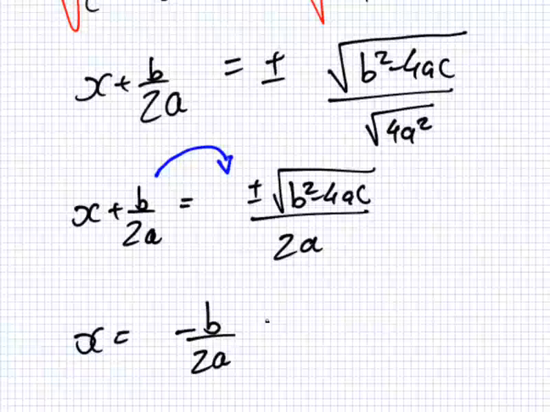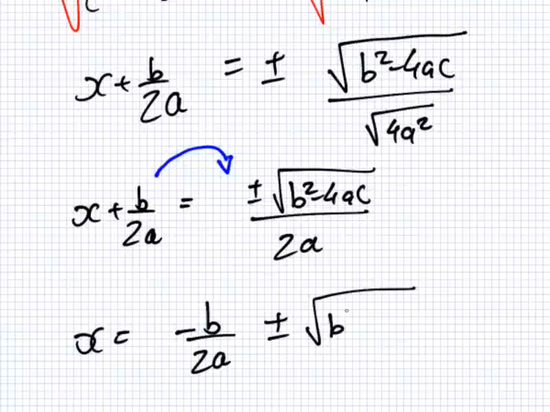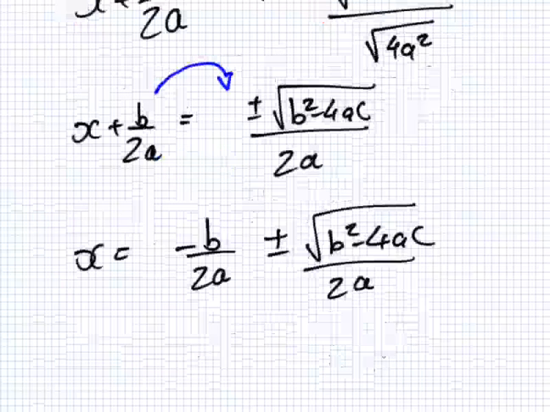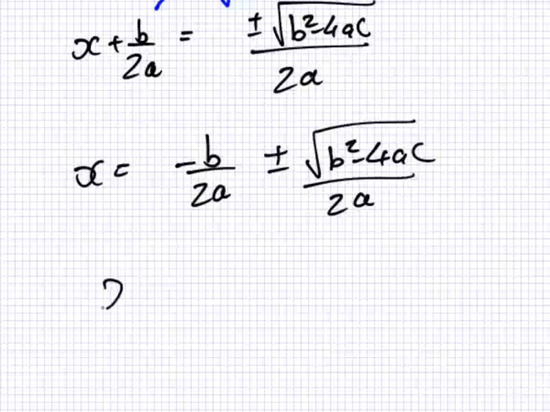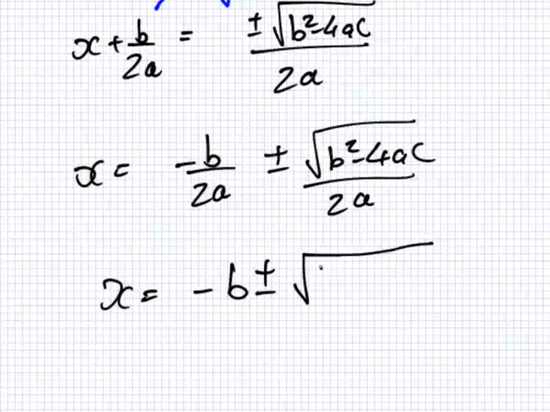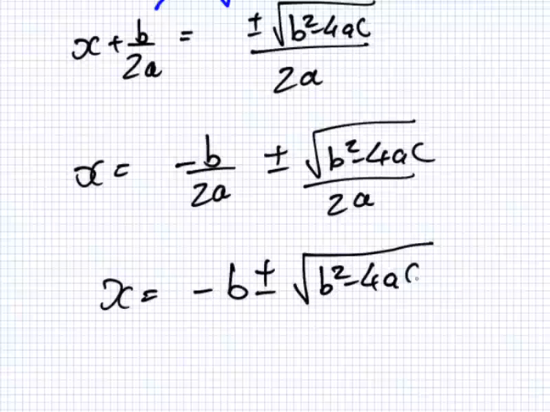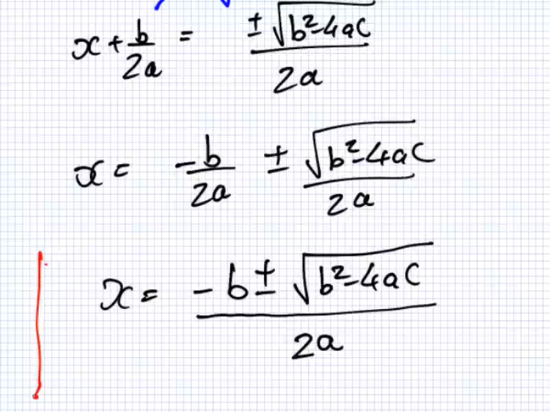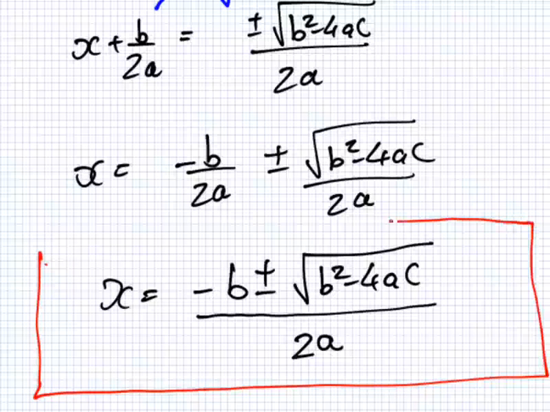Okay, so what I want to do next is put these together as one. So if you look here, this is an a, but this is a 4a squared. So what I could do is multiply the first one by 4a. If I put a 4a on the top and a 4a on the bottom, this will be 4a squared.